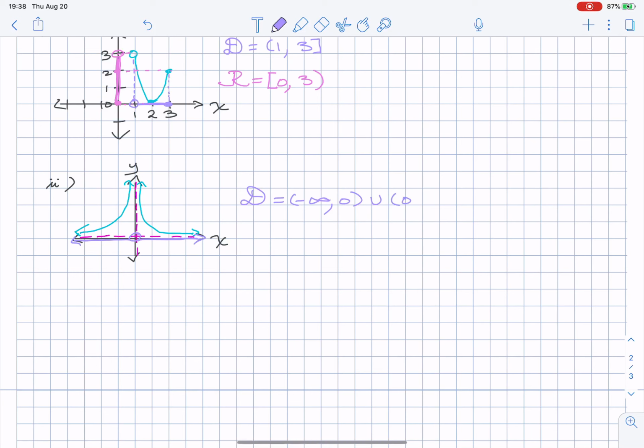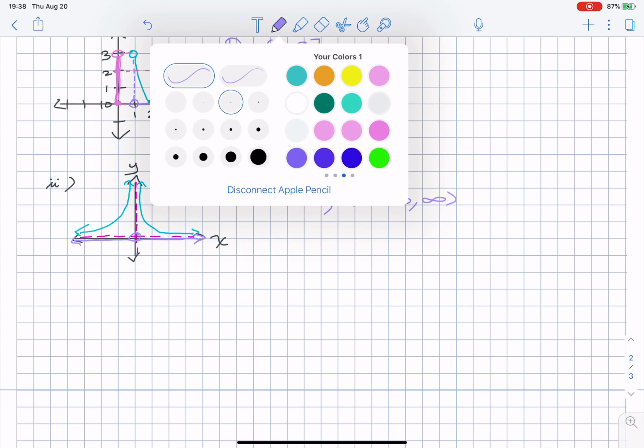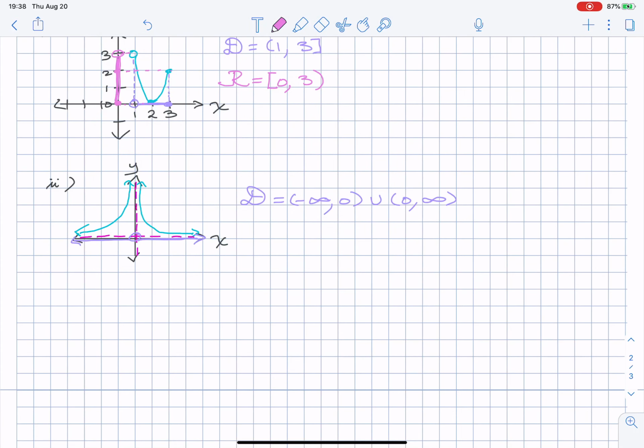I start on the other side of 0 and go all the way to positive infinity, reading from left to right. But if I project the shadow onto the y-axis, since there's a horizontal asymptote here, I know it's open at 0, but it casts a shadow onto the whole y-axis. So the range is going to be not including 0, but all the way upwards to positive infinity.